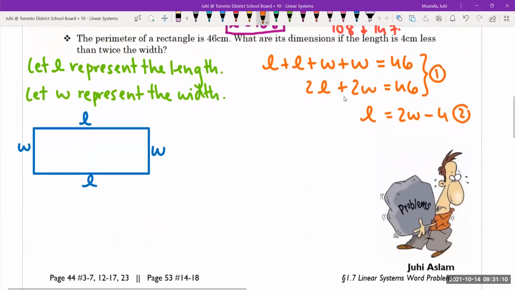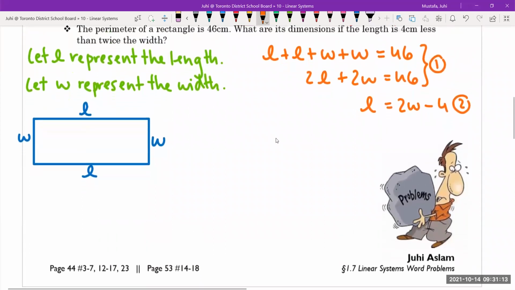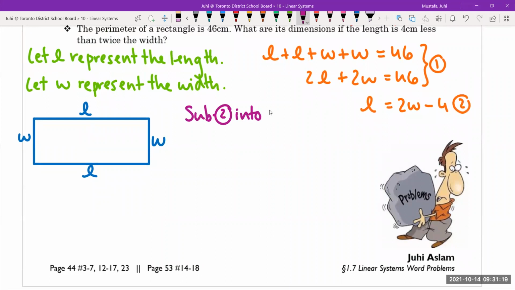So let's do that work over maybe here. So I'm going to say sub 2 into 1.